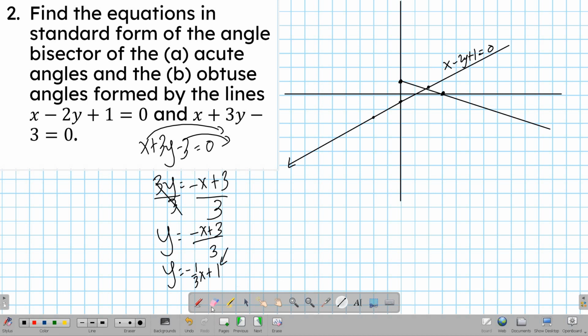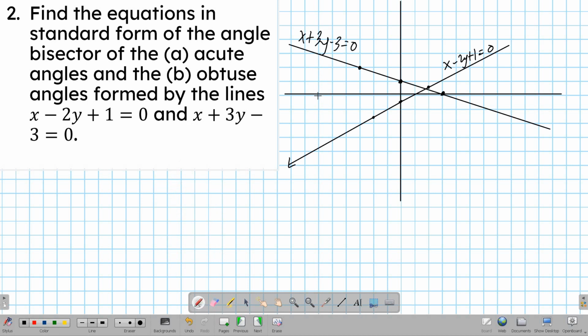So that it reaches the right, and on the left on the other side, negative 1, 2, so 1, then 1, 2, 3. I'm just drawing that so we can really see how it looks. There you go. This is the line now, x plus 3y minus 3 equals 0.